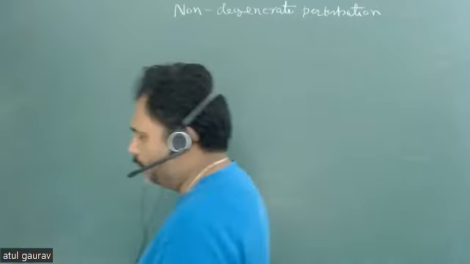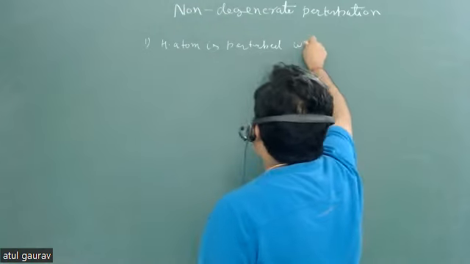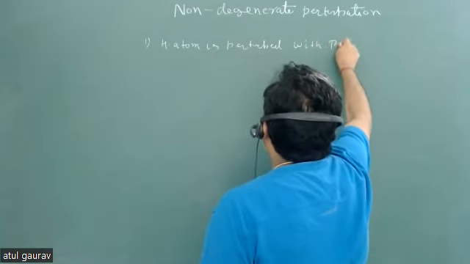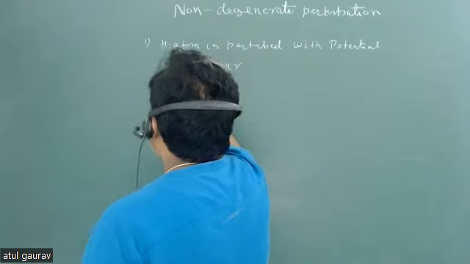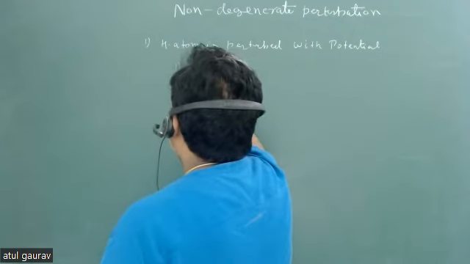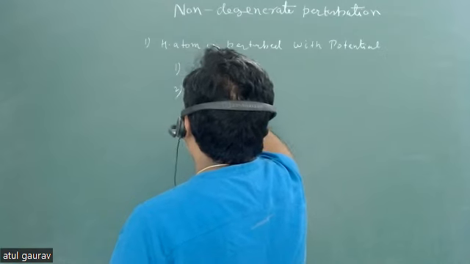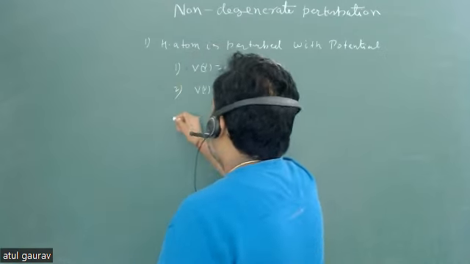So the first problem is that a hydrogen atom is perturbed with potential. Let's say the first potential is V(r) = kr. The second potential is V(r) = half kr squared.